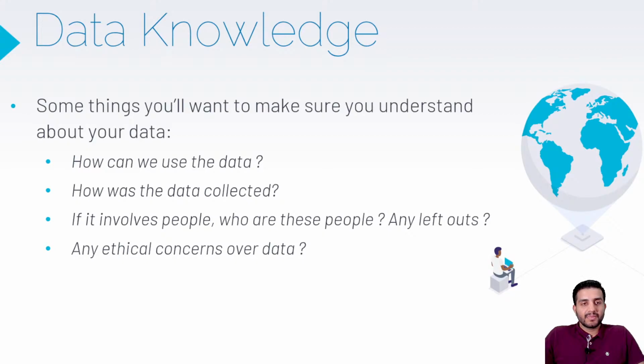Second, how was the data collected? When I say data collected, what was the granularity of my data? Is it per minute data, per month data, per hour data, or per year data?